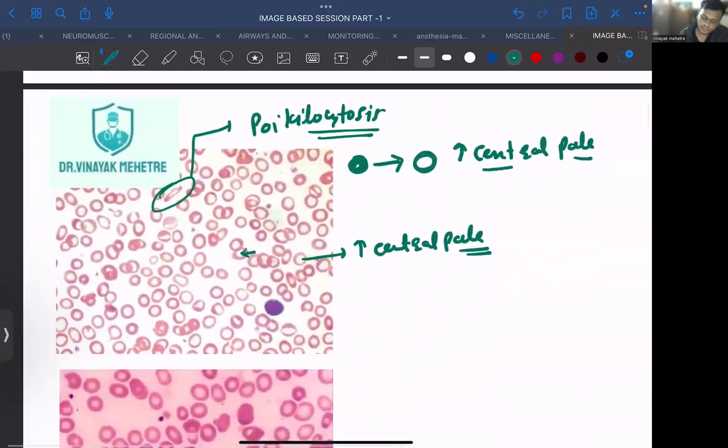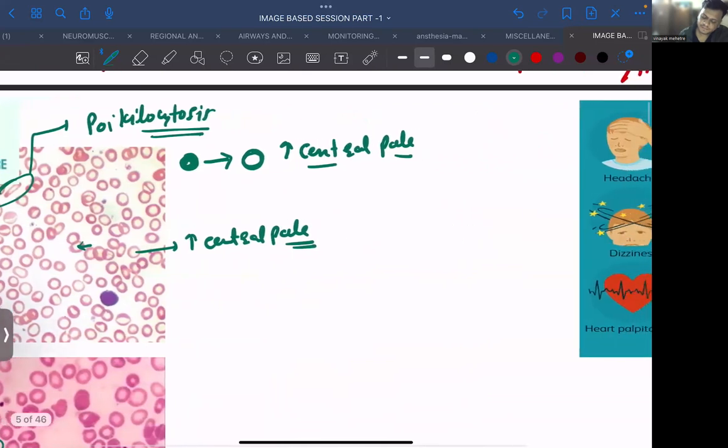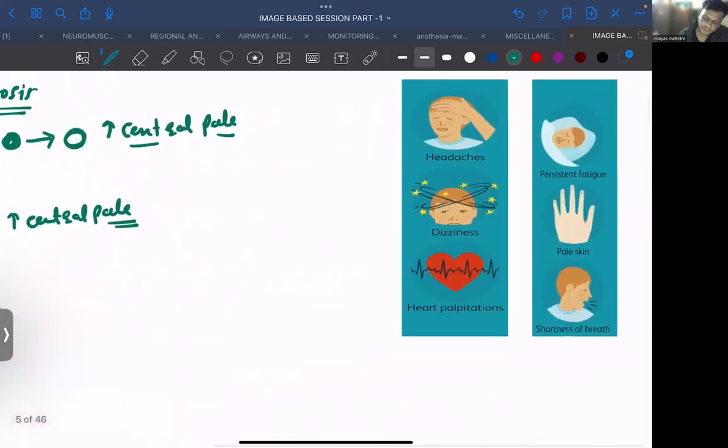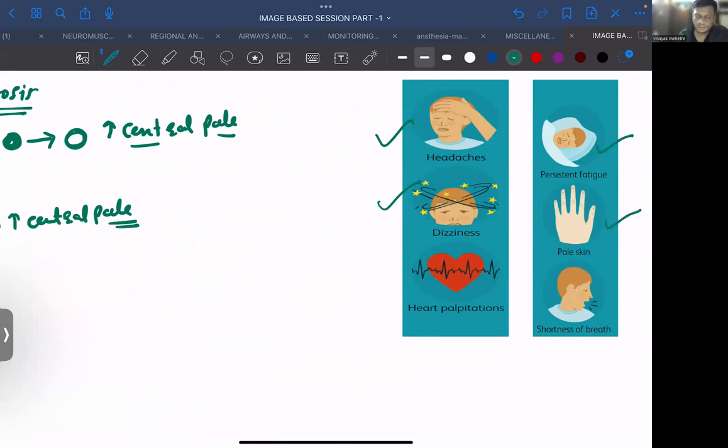Now, what has happened in iron deficiency anemia? Anyone? Headache, dizziness, fatigue, pallor, right? And this pressure can have shortness of breath as well. These symptoms can present with all microcytic anemia as well.